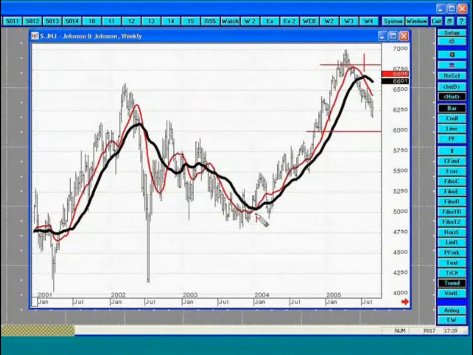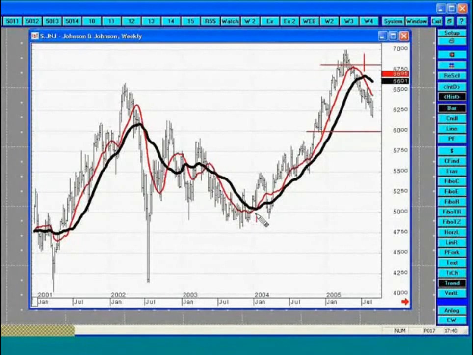So those are really the popular or the main moving averages that the street looks at, commodity traders and stock traders. With regard to stocks, again, the 50-period and 200-period moving average on the daily chart level is very important to them, to stock traders. The 10-period and 40-period are very popular with commodity traders.